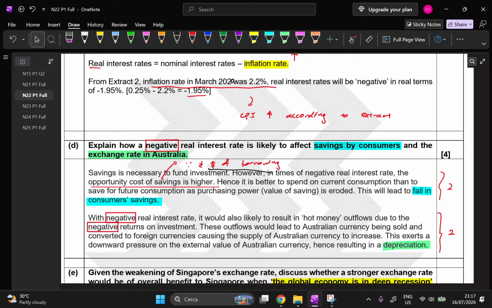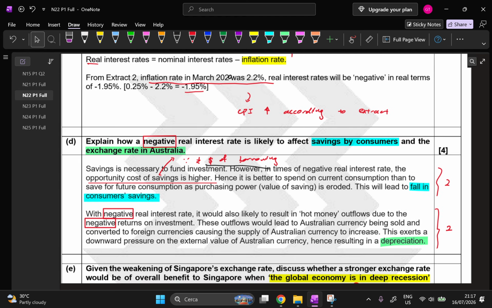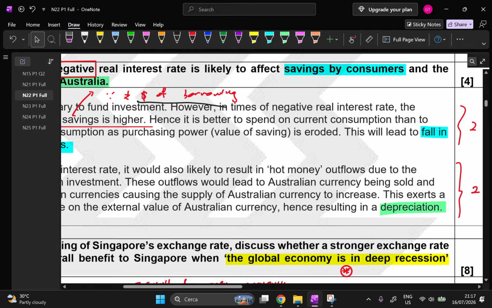So as a result, will people increase investment or not? Obviously not, right? They will try to get their money out of Australia because it's damn unprofitable to do business in Australia now. That's why I have a decrease. I can also write this as the fact that I have a decrease. Oh dear, I was writing in white. Yeah, so I have a decrease in demand for Australian currency and also Australian assets.